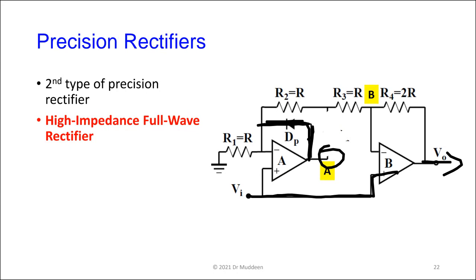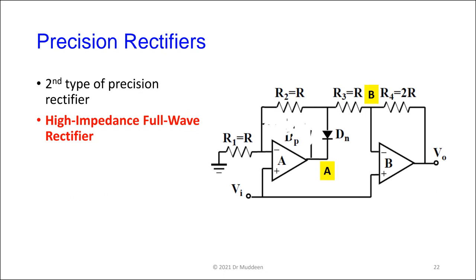In the second case that we have, as we said, this bit is out, and we connect here now. So we have two non-inverting amplifiers connected, right?